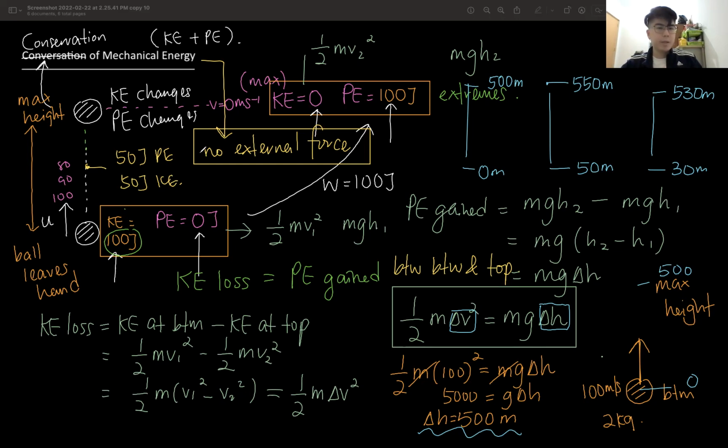Okay, again, our system got two bodies, the ball and the earth. The force coming from either one of the bodies, they are called internal. They are not external. If the force is coming from outside, like the air resistance, then that is external.